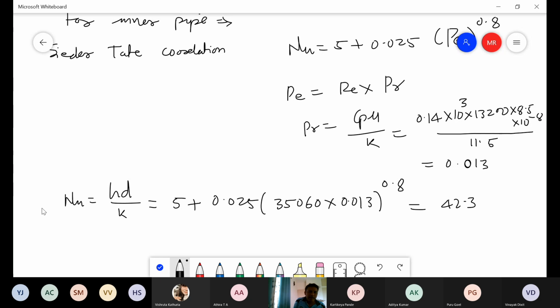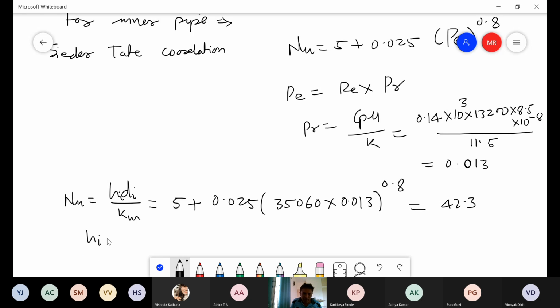Just check whether this is correct. And this hD by k is given as, is it correct? This value? Yes, sir, I'm calculating. Since we are looking at the flow through the inner pipe, this will be hi. The diameter in this case is going to be the inner diameter Di, and k will be that of mercury.